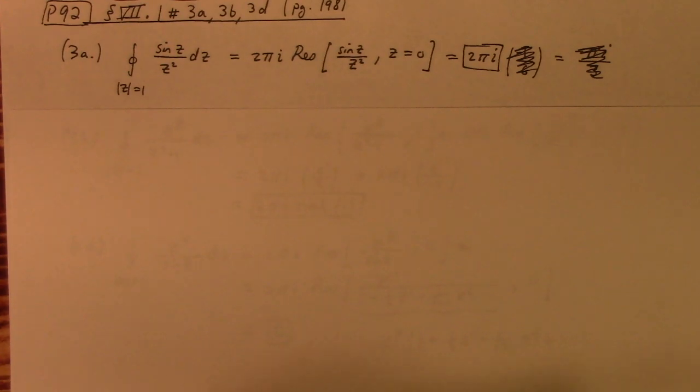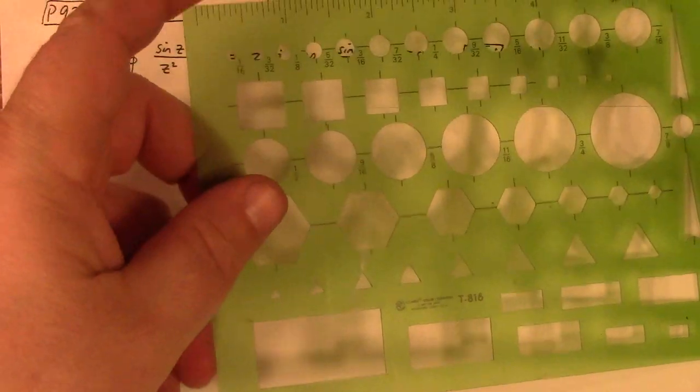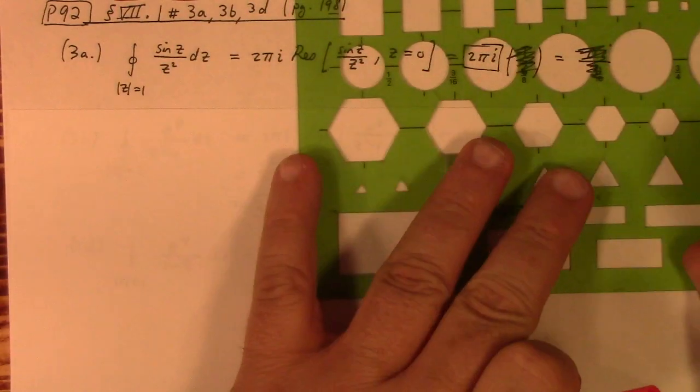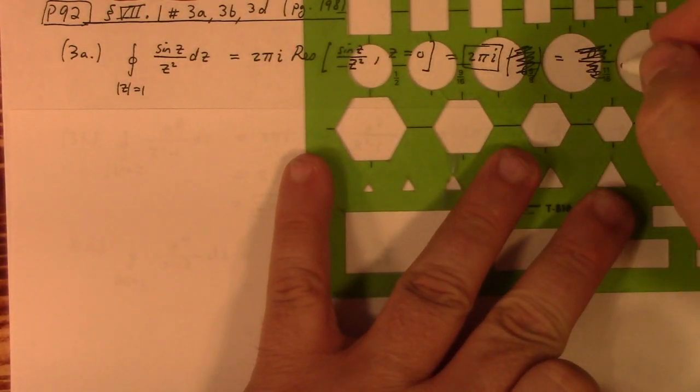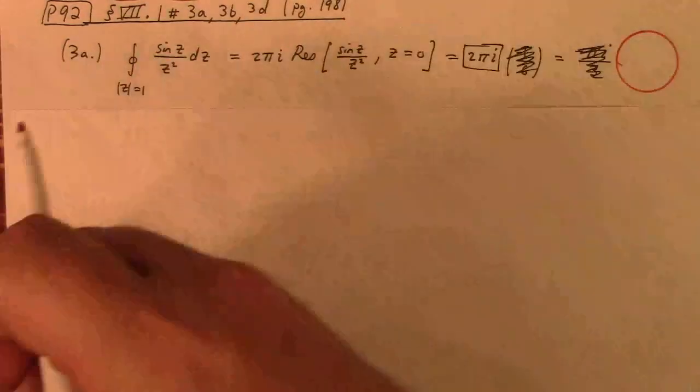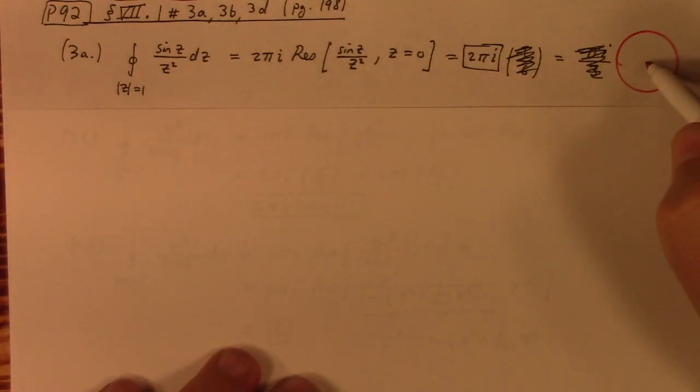If you want to think about that, basically you've got this circle of radius 1, and z equals 0 is the only singularity in that circle, and I traverse it counterclockwise.